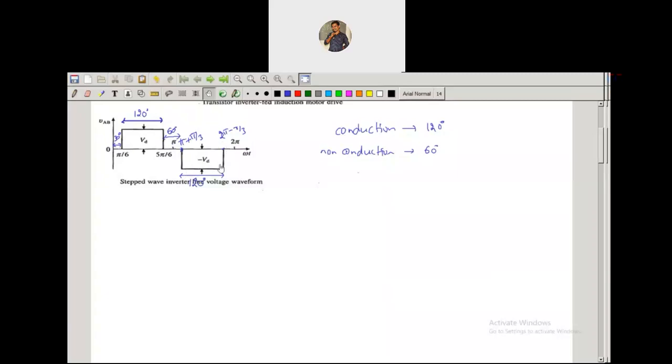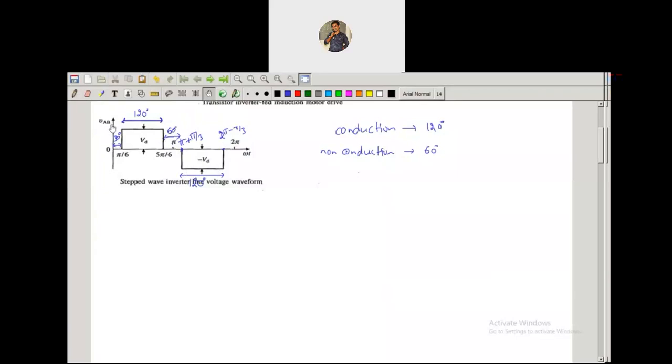For this type of waveform, I am assuming that the induction motor is connected in star manner, and this is the inverter output line voltage. So VAB is the inverter output line voltage, and we can take it as the line voltage of the induction motor.